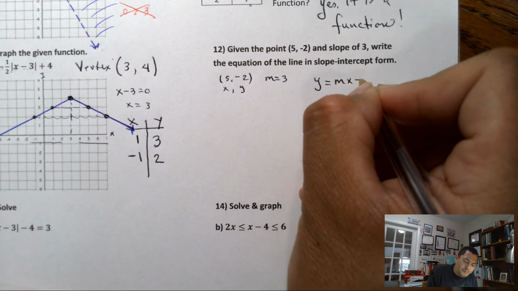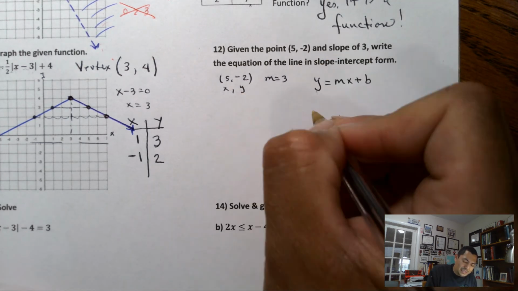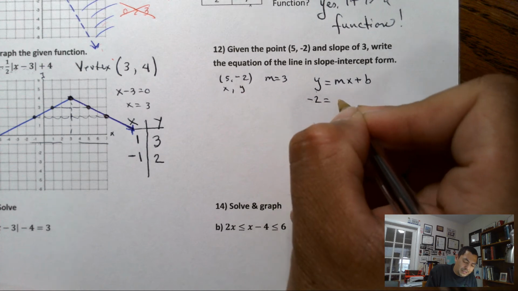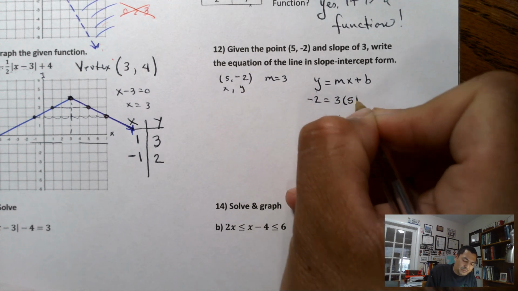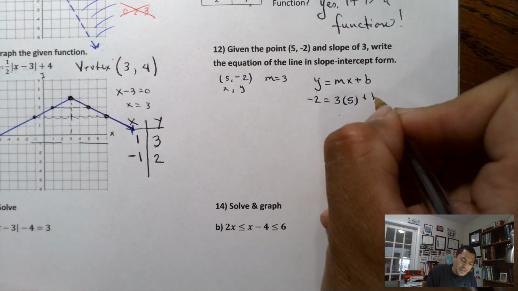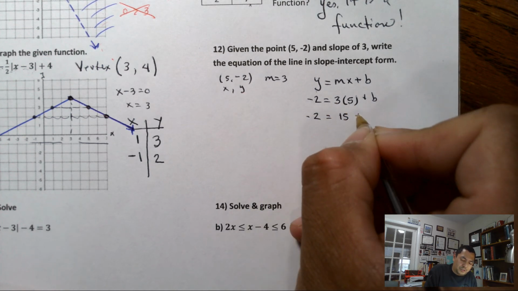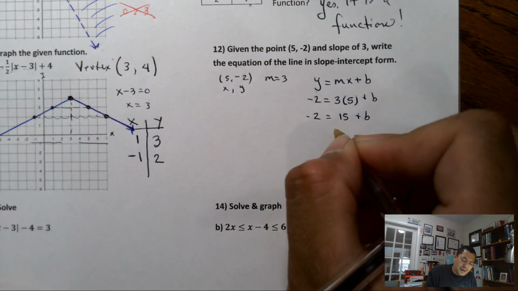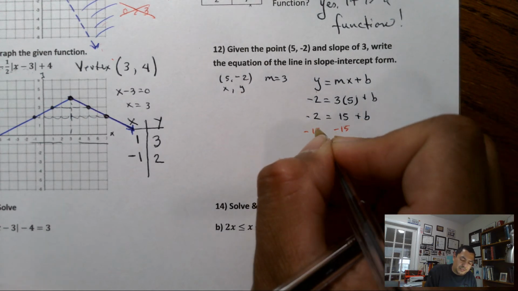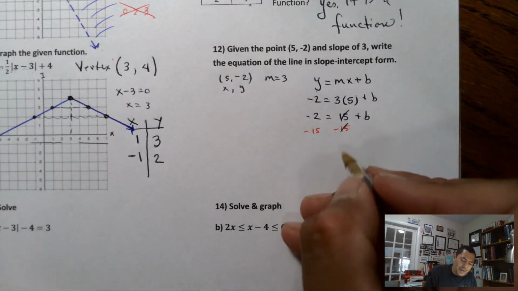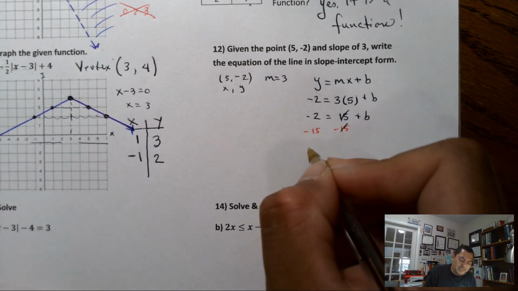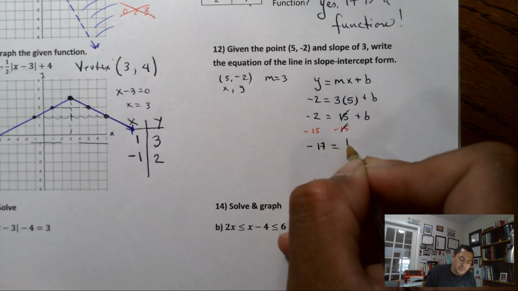I'm going to use the slope-intercept form. So y is -2, m is 3 times 5, which is x, plus b. 3 times 5 is 15, plus b. Let's get rid of that 15, minus 15, minus 15. These two go away. So -17 is equal to b.